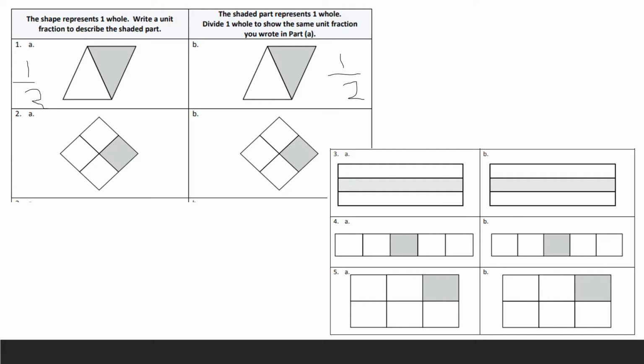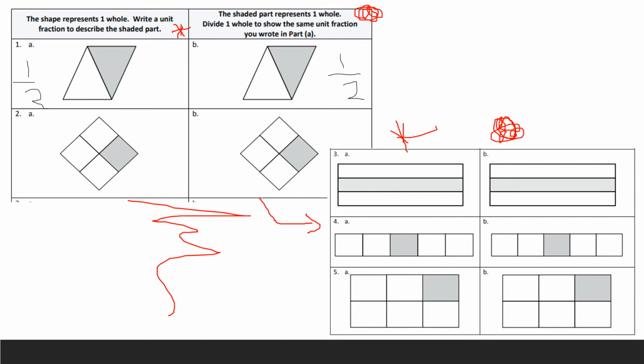So let's begin. Over here, you can see these two pictures. I couldn't fit in, but this section would go right underneath over here. So these are the explanations. The shape represents one whole.